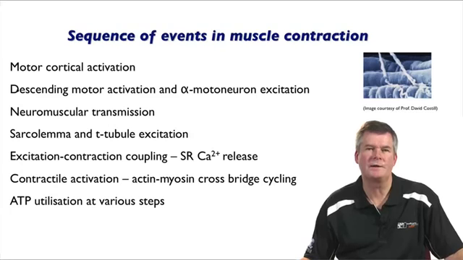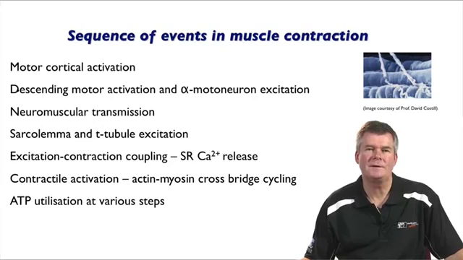There's descending motor activation through the various motor pathways, and finally, excitation of the alpha motor neurons that go to specific muscles. The transmission of the electrical impulse across the neuromuscular junction is mediated by the transmitter acetylcholine, and ultimately the excitation of the motor nerve is transferred to excitation of the muscle membrane and the extension of the muscle membrane into the muscle, the T-tubule.